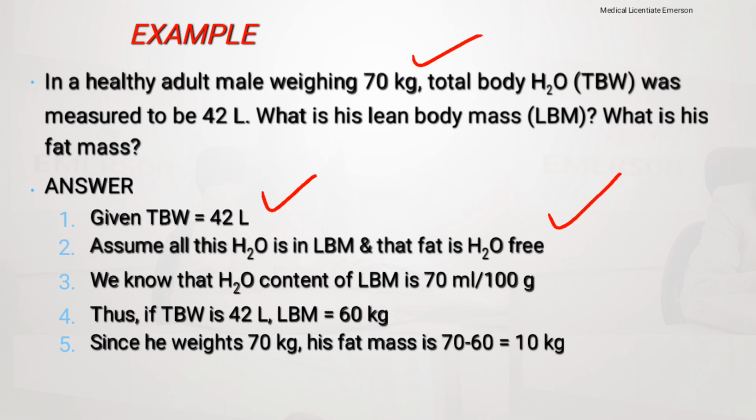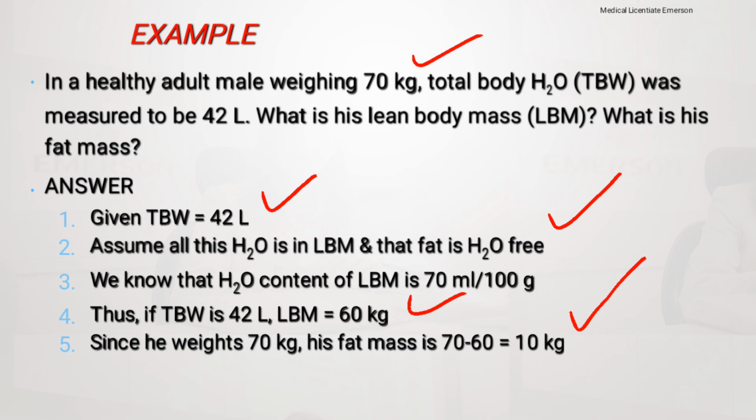Then we all know that the water content of lean body mass is 70 ml per 100 grams. So if the total body water is 42 liters, then the lean body mass will be equal to 60 kgs. Since he weighs 70 kg, his fat mass is going to be 70 minus 60, which is going to be 10 kgs.